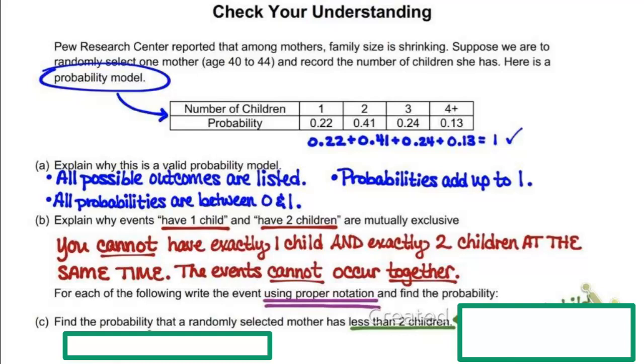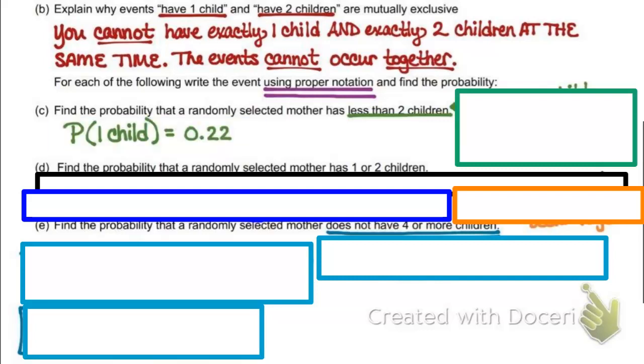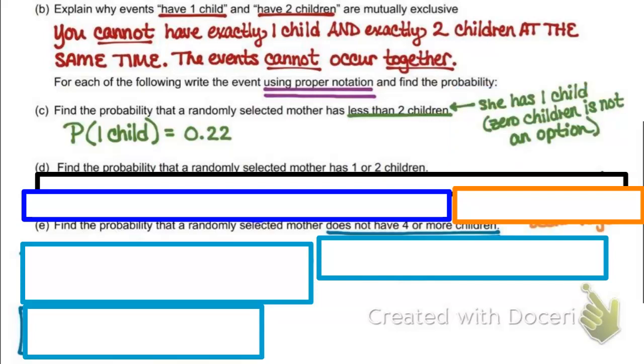What's the probability that a randomly selected mother has less than 2 children? 22%. Here's my proper notation, probability. If you just had probability 1 or P(1), that would be fine.